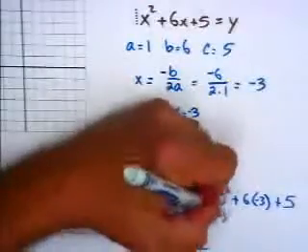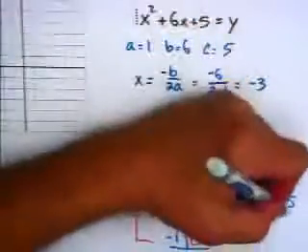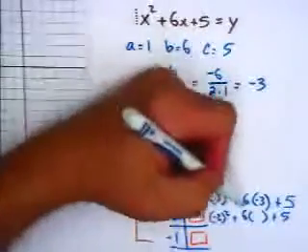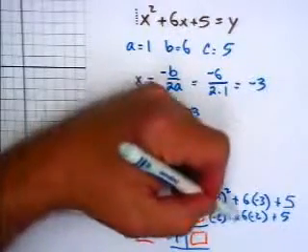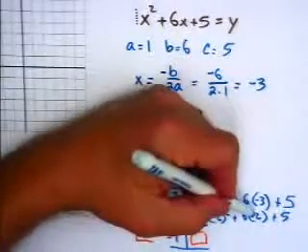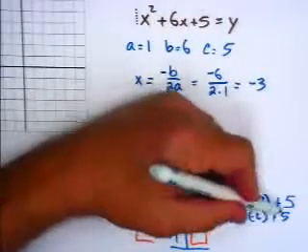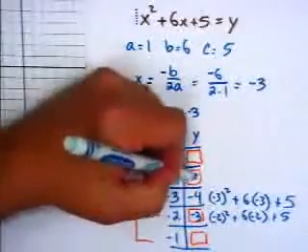So this is x squared plus 6x plus 5. So that's negative 2 squared, so that's 4, plus negative 12 is negative 8. Negative 8 plus 5 is negative 3, and negative 3.